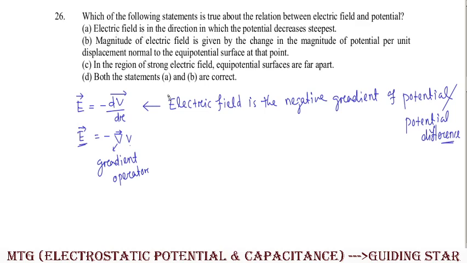So based upon that one we'll check the options. Option A: electric field is in the direction in which potential decreases the steepest. Clear?